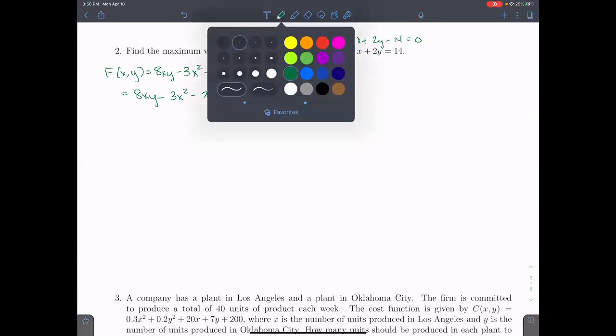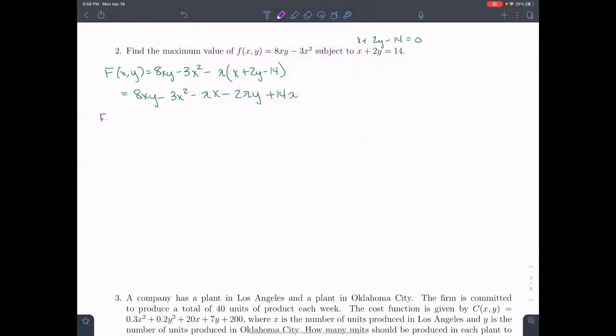All right, then we're going to do partial derivatives. So F sub x is going to be 8y minus 6x minus lambda. F sub y is going to be 8x minus 0 minus 0 minus 2 lambda. And then we want to set these equal to 0.